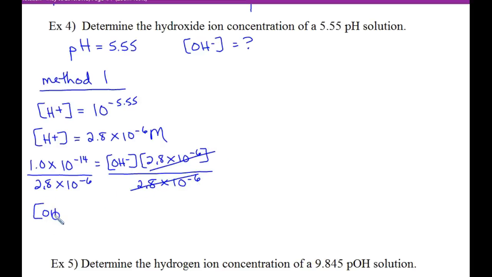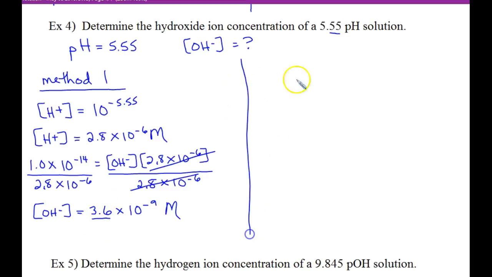And that will give us our answer, which is 3.6 times 10 to the negative 9 molar. Now, going back the other way, I know you're looking at that and go, wait, that's 3 sig figs. This is 2 decimal places, therefore this is 2 sig figs. We got that weird concentration decimal place rule.